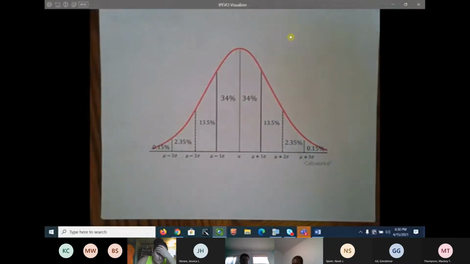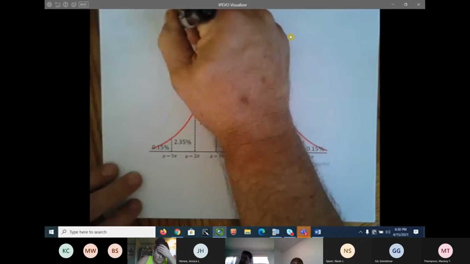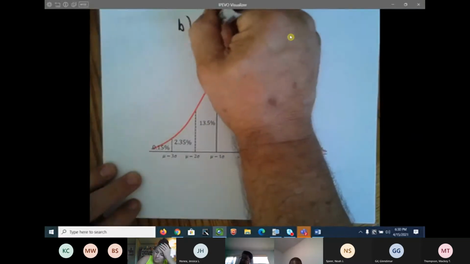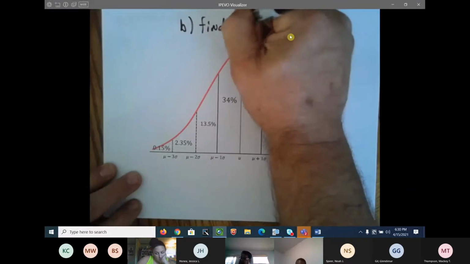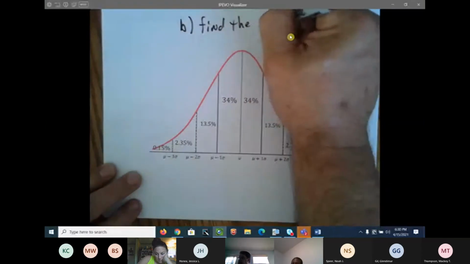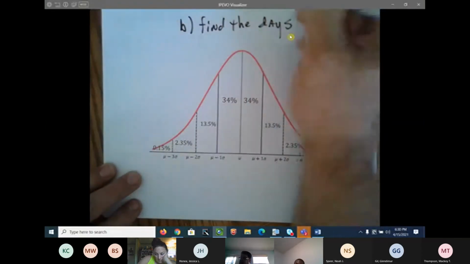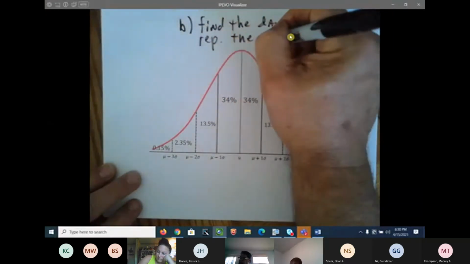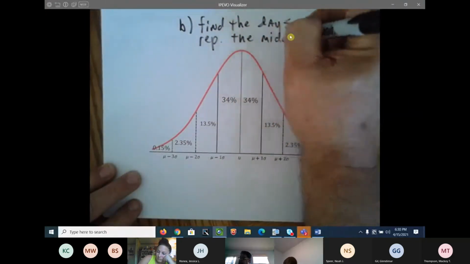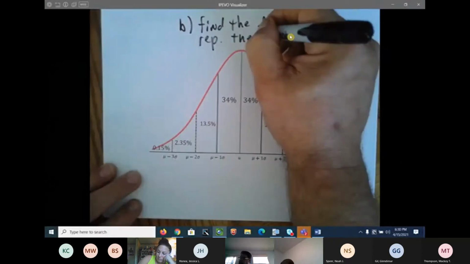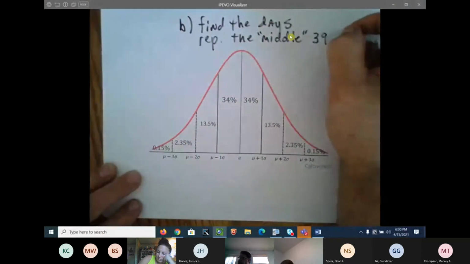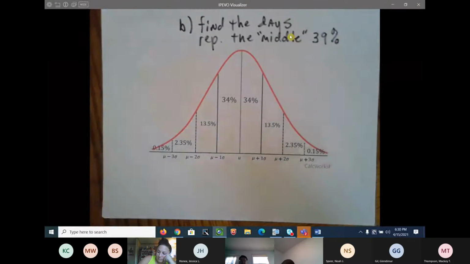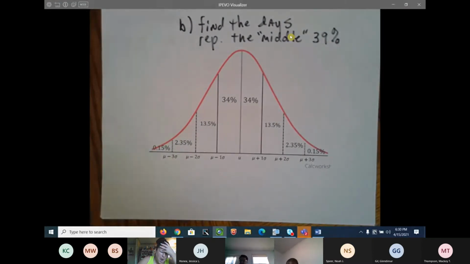So B says find the days representing the middle, and I'm going to put middle in quotation marks, 39%. And we said that we were going to take the middle and we were going to make it yellow.